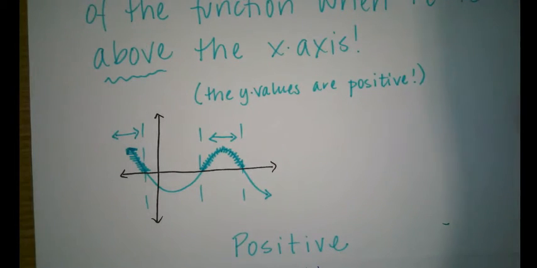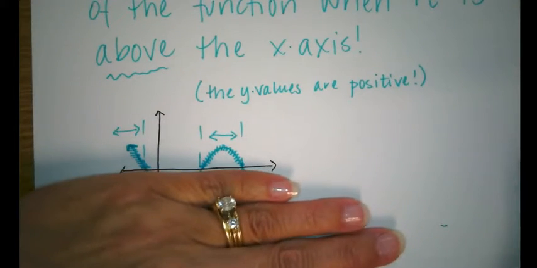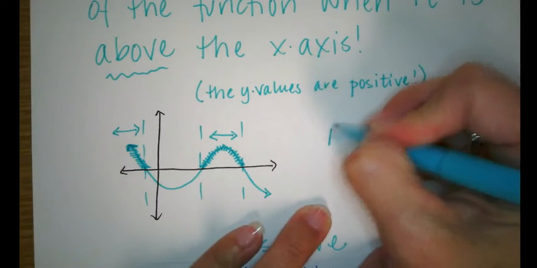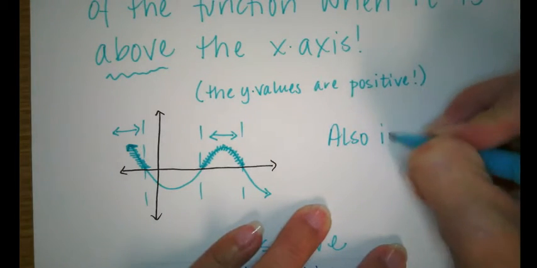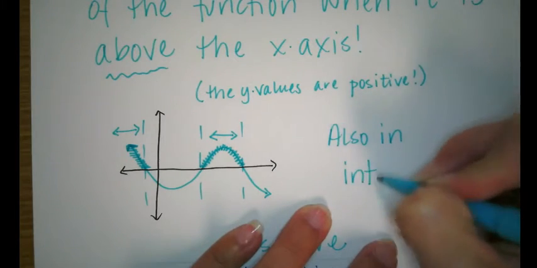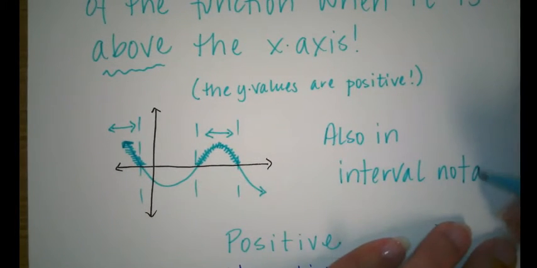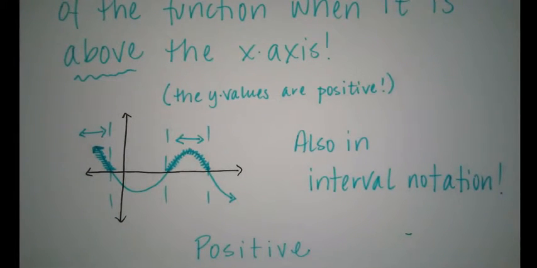We're going to be naming the x values for when the graph is above the x-axis. So this again is also in interval notation, and that is when we're going to say the smallest x to the largest x.